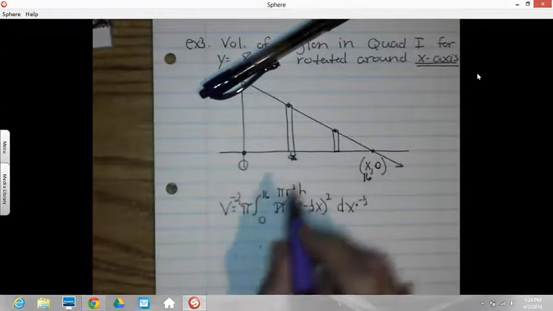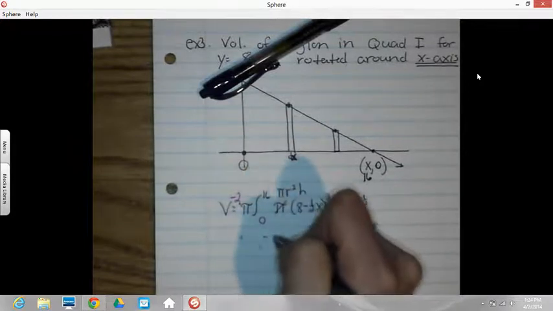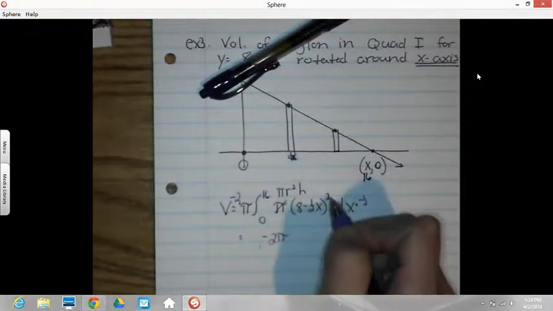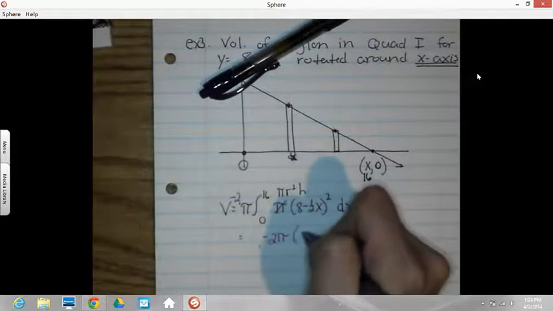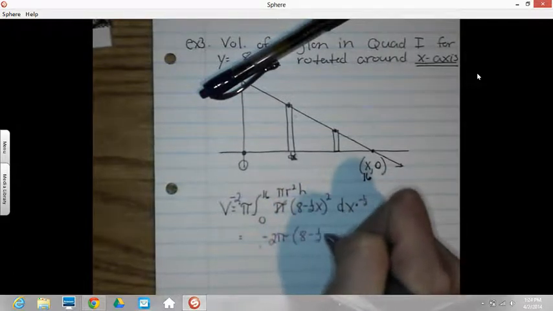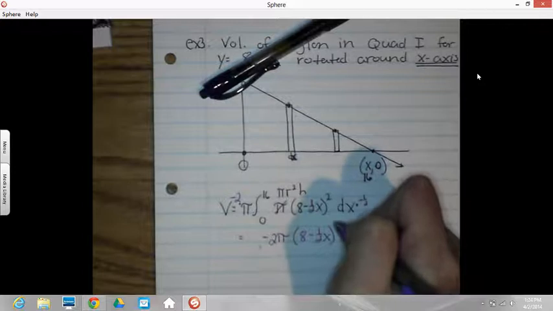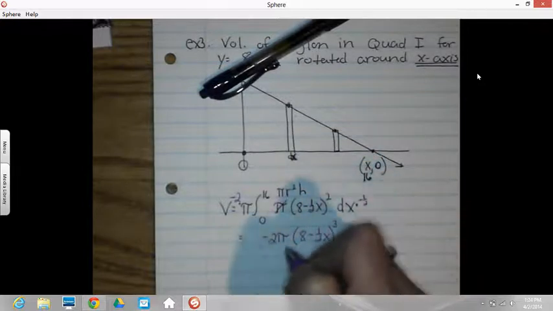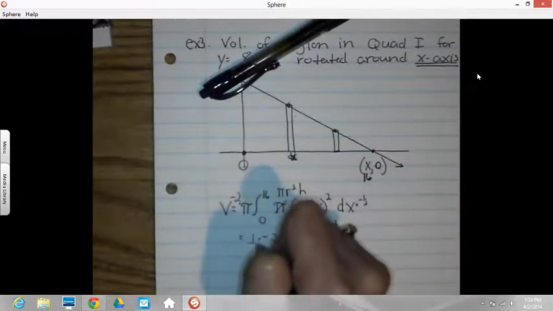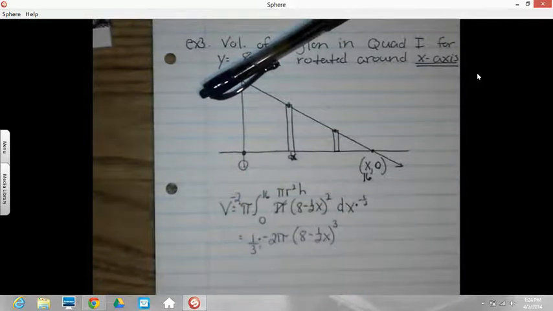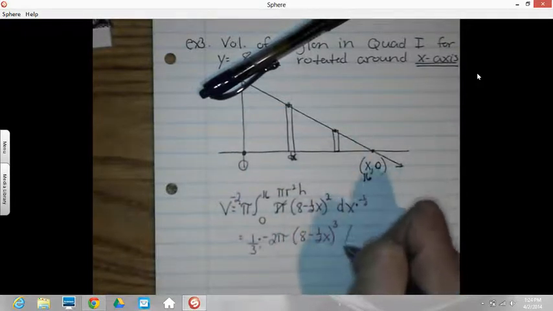So that's a negative 2 pi that's going to carry along. And now power rule here. The inside is 8 minus 1/2 x. Add 1 to the exponent, multiply by its reciprocal, and then I'll evaluate from 0 to 16.